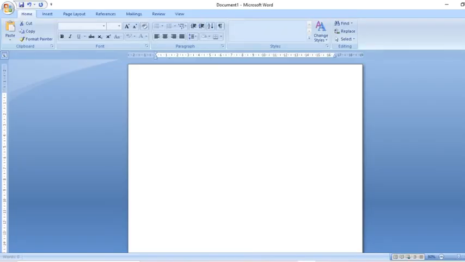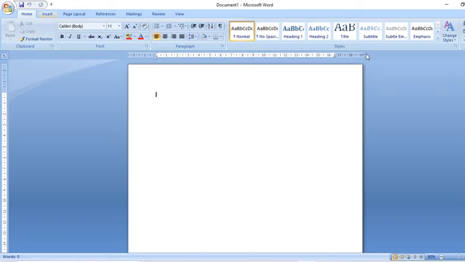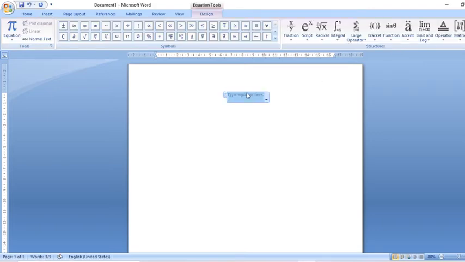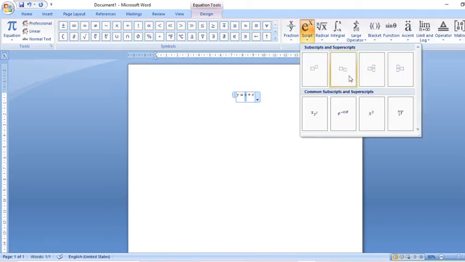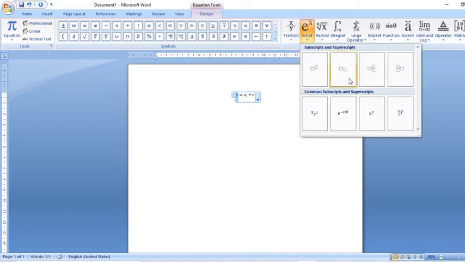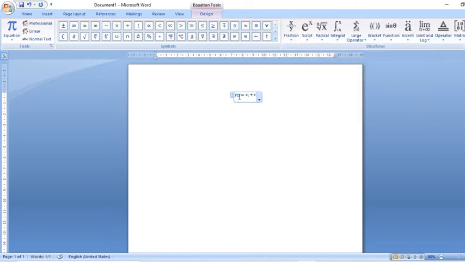I will show in the word format. So yi equal to xi plus c.